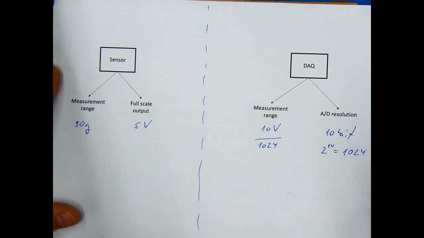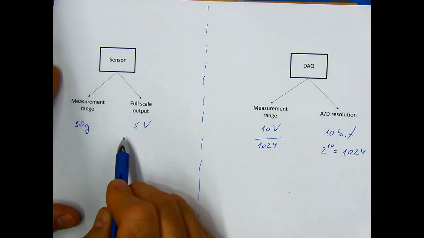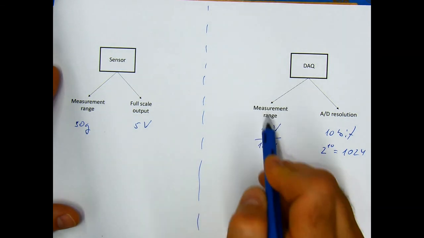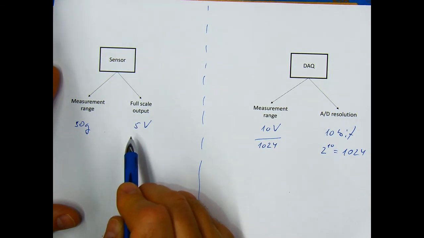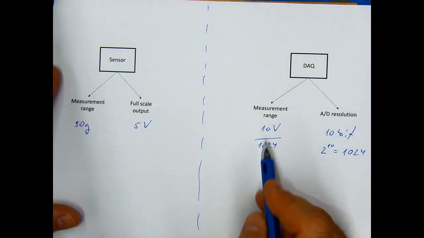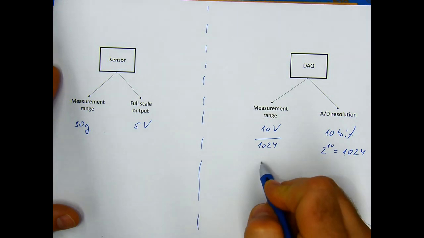So if you have a low resolution instrument like this, it makes sense to adjust your measurement range to the full scale output of your sensor. So if you are using an instrument with 10 bits of A to D resolution, it makes sense to adjust the measurement range to 5 volts.